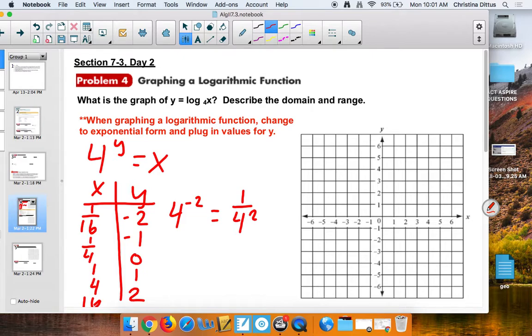Thank you. Okay, now all we gotta do is graph it. So 1/16, -2, kind of like right there. 1/4, -1; 1, 0; 4, 1; and 16, 2.